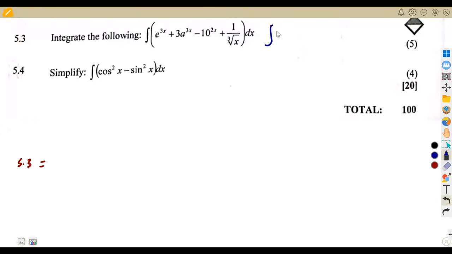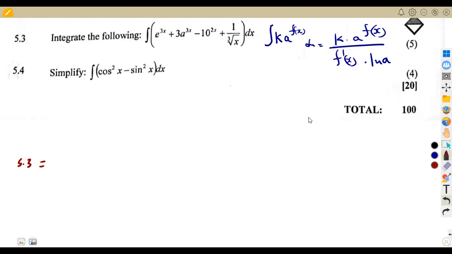So we say the integral of k a to the exponent of f of x with respect to x is going to give us k a to the exponent of f of x, over the first derivative times the ln of the base, which is ln a. So here we've got e to the exponent of 3x.